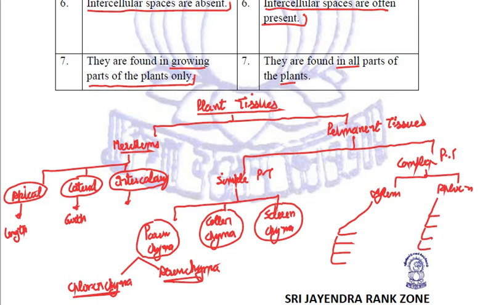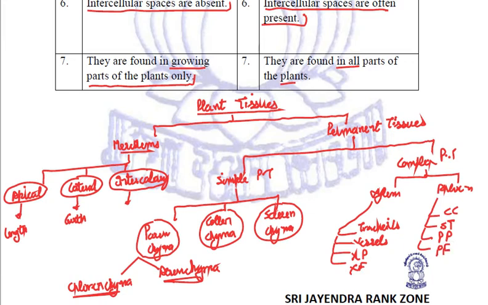Xylem is made up of tracheids, the second part is vessels, xylem parenchyma and xylem fibers. Talking about phloem, it is the companion cells, the sieve tubes, the phloem parenchyma and phloem fibers. We talked about the functions of each one of them.